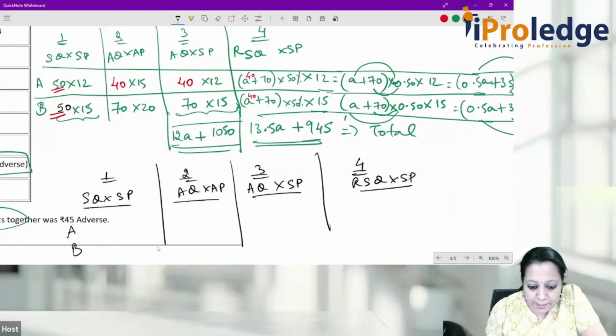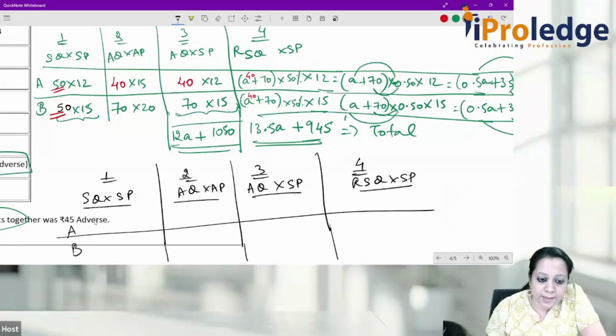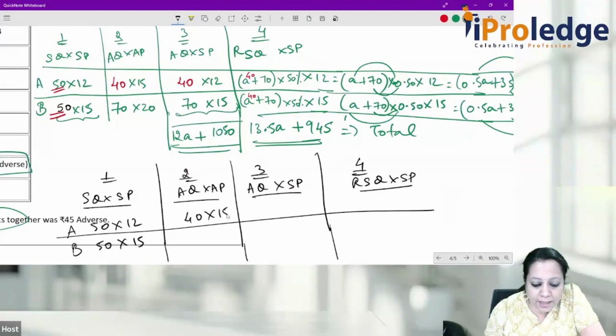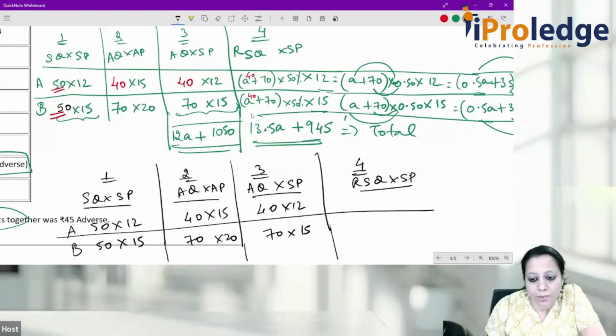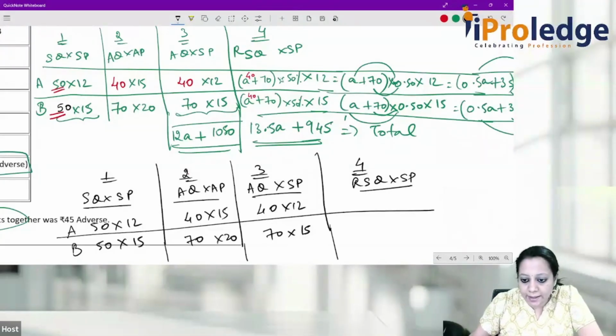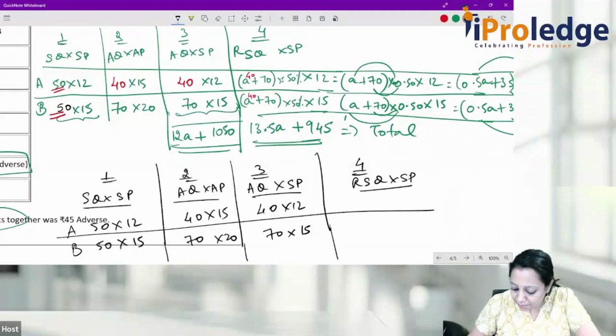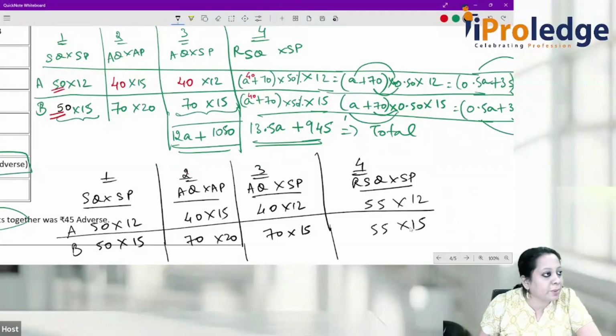So A and B. SQ is going to be 50 and 50 into 12 into 15. This is 40 into 15 and this is 70 into 20. This is 40 into 12 and this is 70 into 15. Now this will be total is 110. 110 into 50 percentage is 55. 55 into 12 and 55 into 15. I hope everybody understood. I'm substituting A is equal to 40.